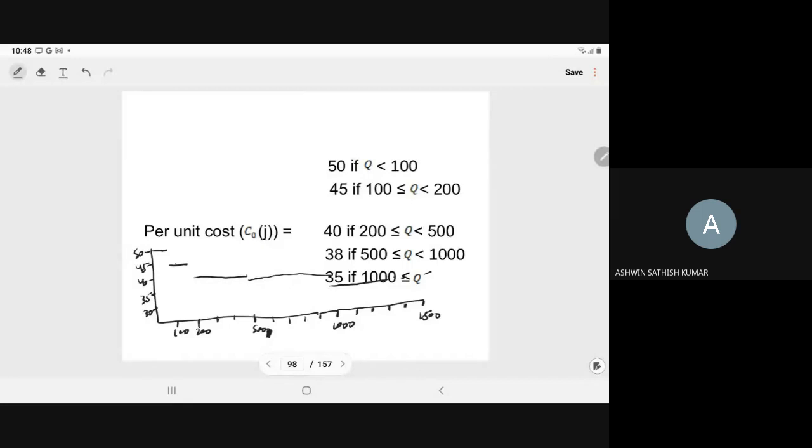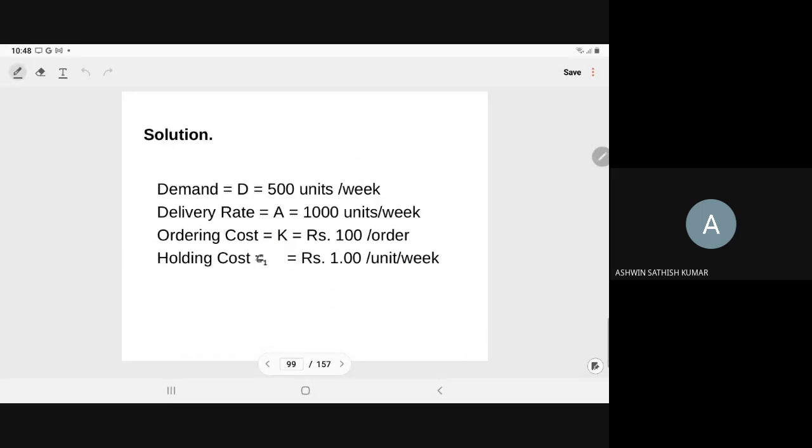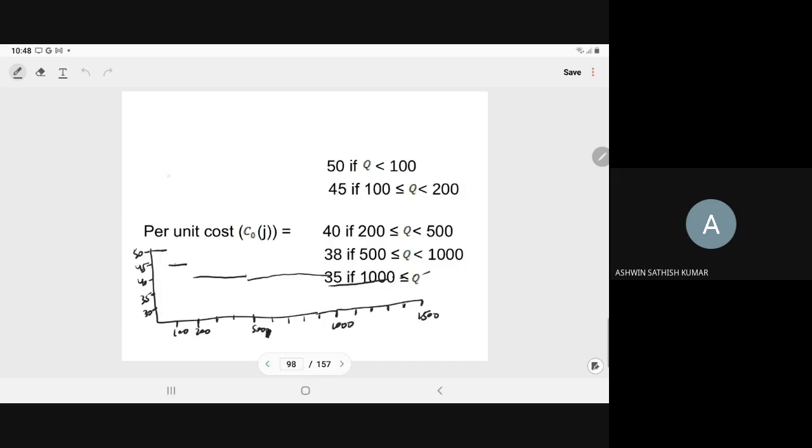So this is the price discount. This question belongs to model 5. In model 5, it is model first plus price discount.